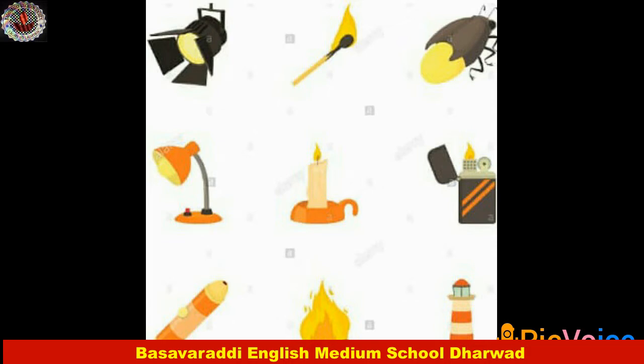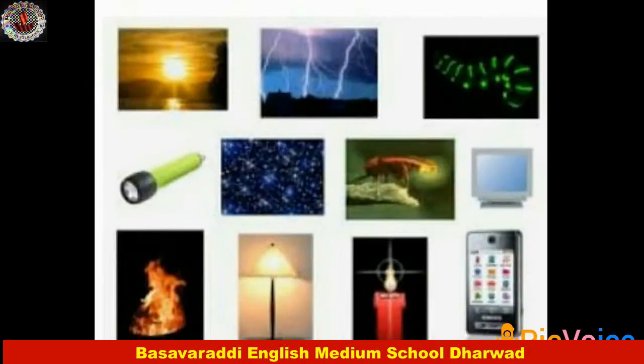Sun, thunder, laser, torch, star, insect, the electronic gadget, it means TV, fire, bed lamp, candle, phone. Okay, these are all the luminous objects.